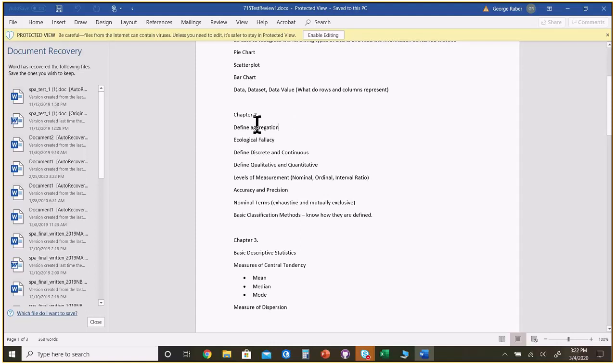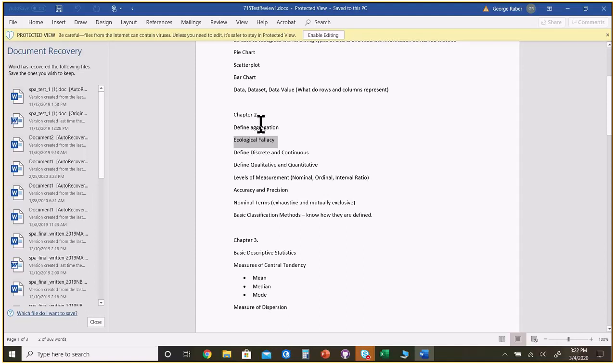Okay. And then the ecological fallacy builds on this concept of aggregation, because the ecological fallacy is that some aggregation value, some descriptive statistic, applies to every observation in the original data set, or to any observation in the original data set.